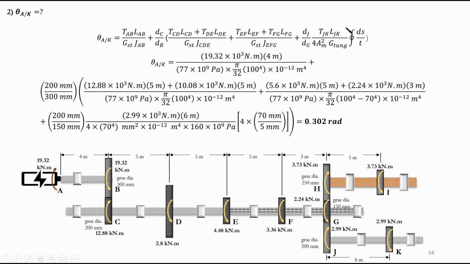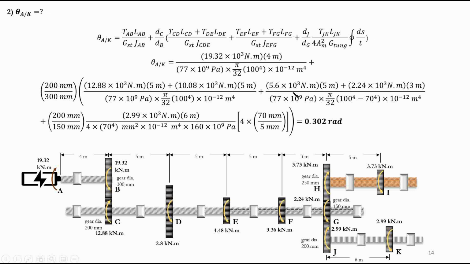Now multiplied by the integral over the area of ds over t. What it means is that we have to sum up all the sides that we have for that section. If you remember, we have a thin-walled, hollow section, a square section. ds represents the side, t represents the thickness.